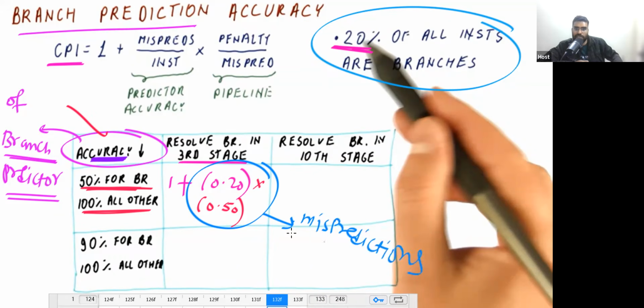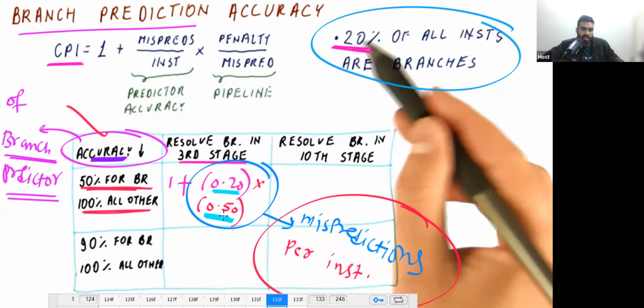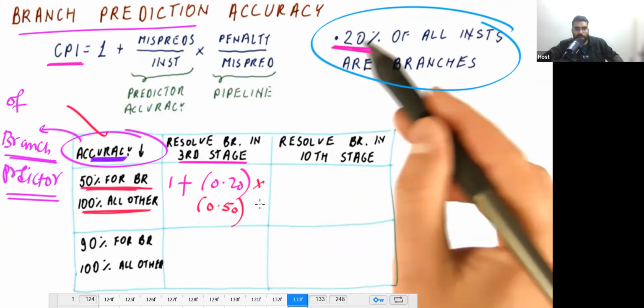Per instruction we are making these many mispredictions because in one instruction we have these many branch instructions, and for these we have these many wrong predictions. So the number of mispredictions per instruction is multiplied by 2 because these many stalls will be there.